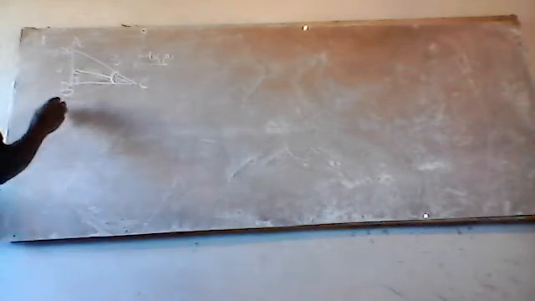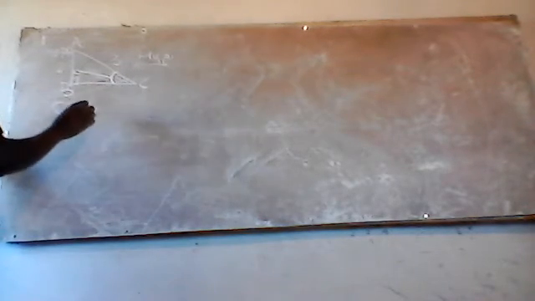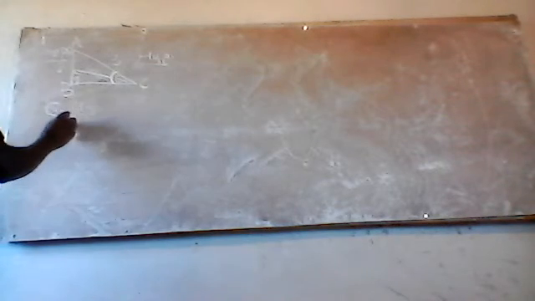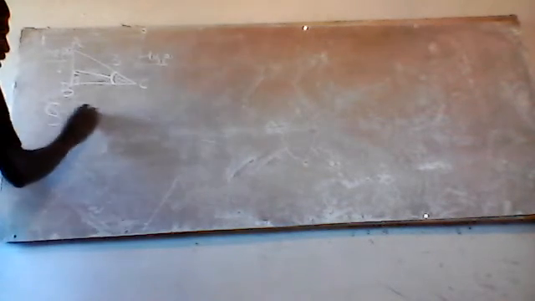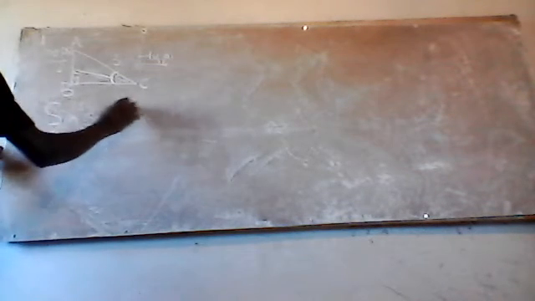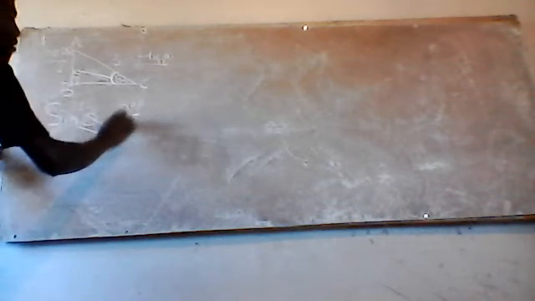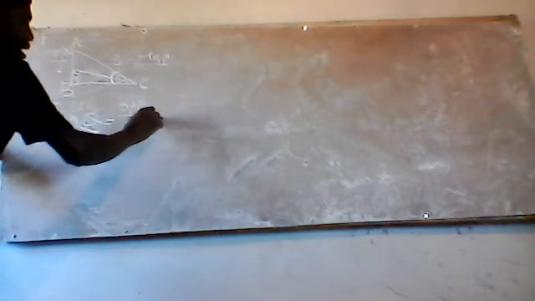How would you go about now to calculate that angle? Since I'm having an opposite side and the hypotenuse, I can see that I can use my trig ratio of sine of theta. Theta is that angle. So what is sine of theta? It is actually equal to opposite over the hypotenuse side.